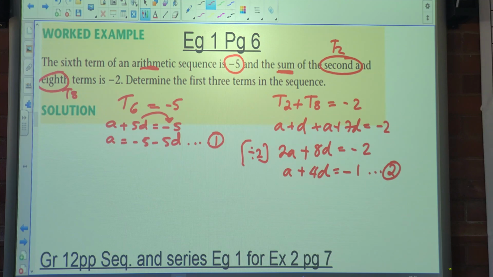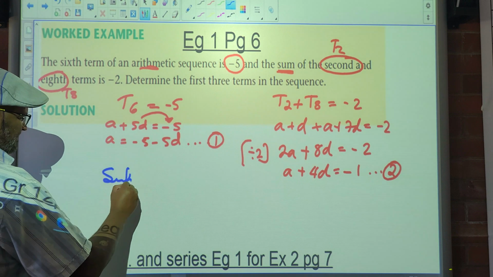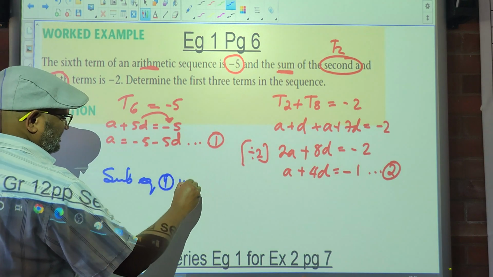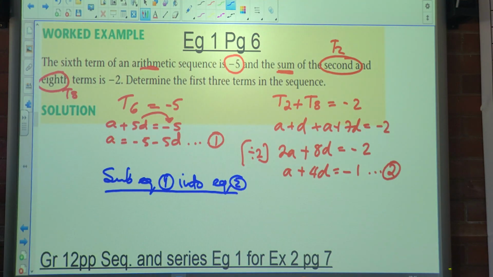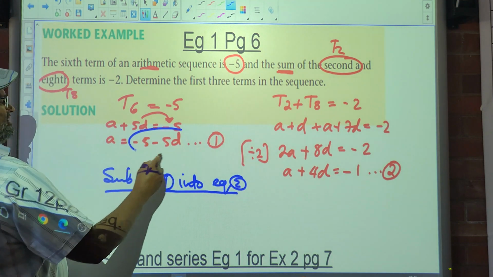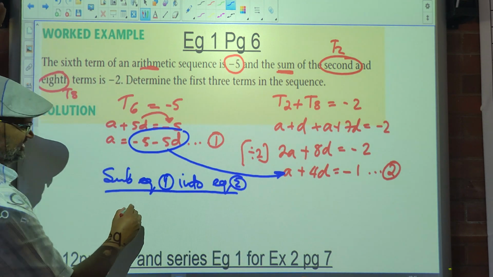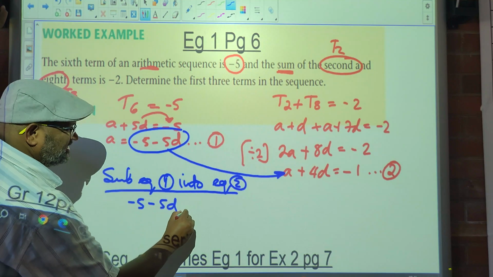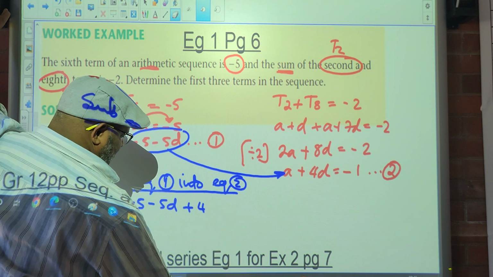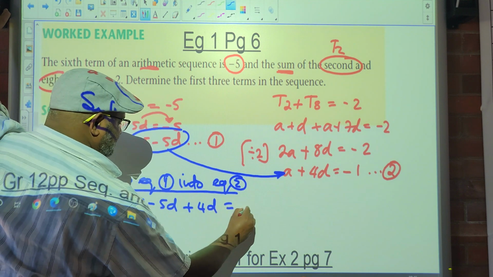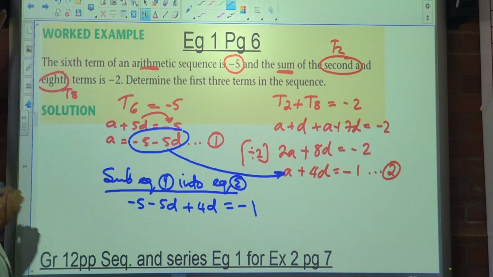So what do I do now? I'm going to substitute equation 1 into equation 2. So wherever we see a, we put negative 5 minus 5d. So it's negative 5 minus 5d plus 4d is equal to negative 1.